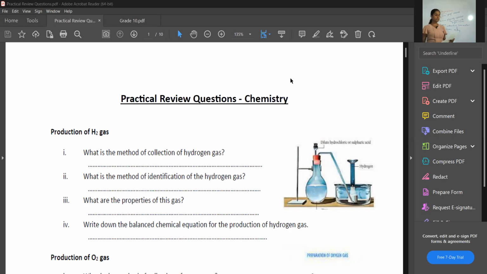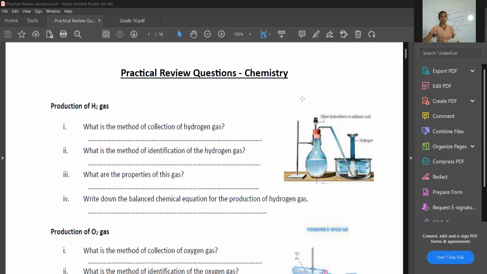Look at the first one, production of hydrogen gas. What is the method of collection of hydrogen gas? You are given a separate experimental setup. According to this diagram, that is downward displacement of water.